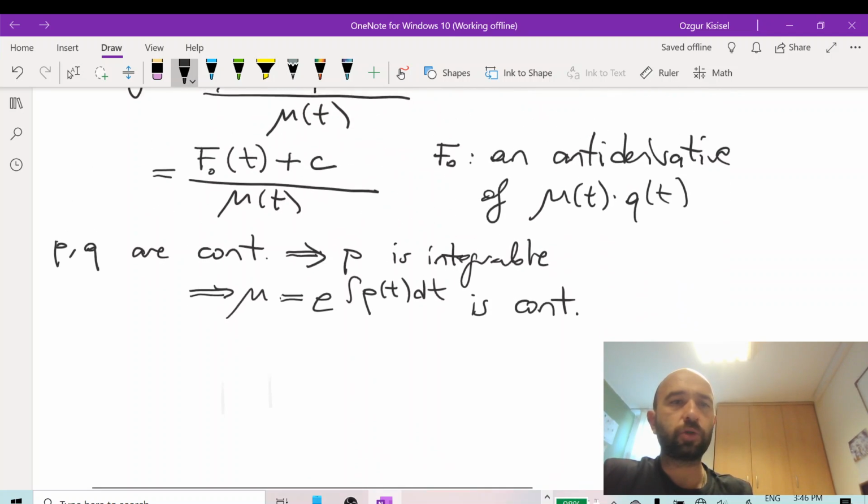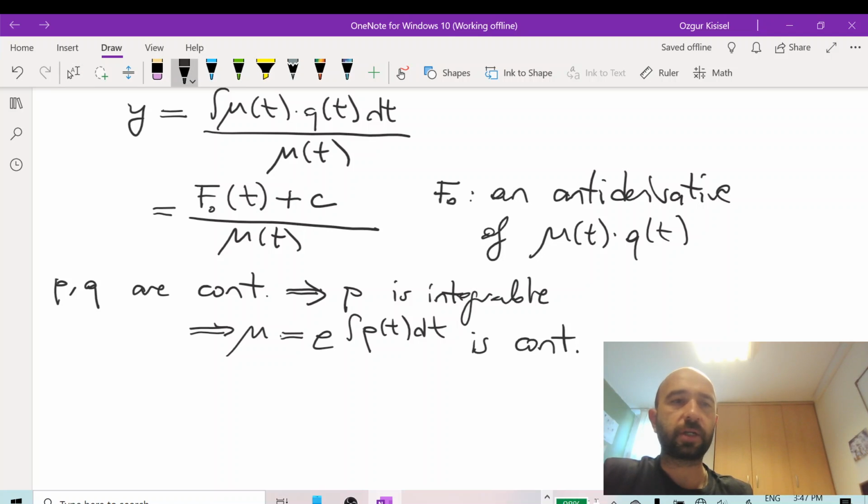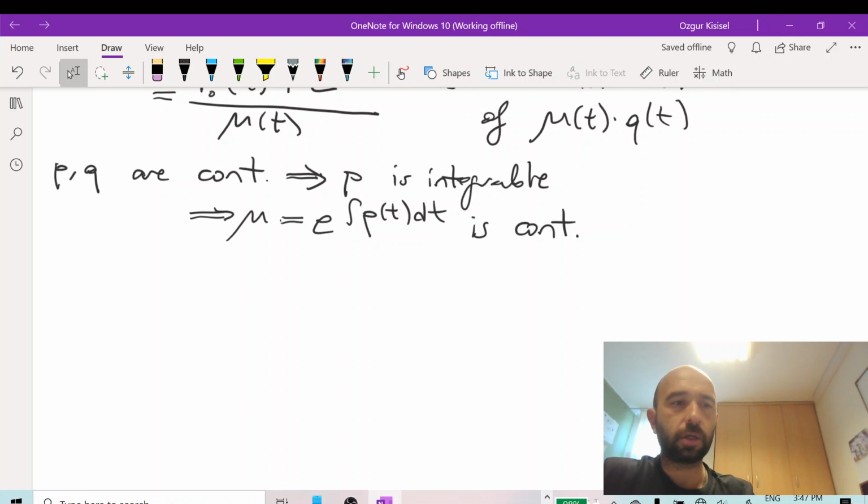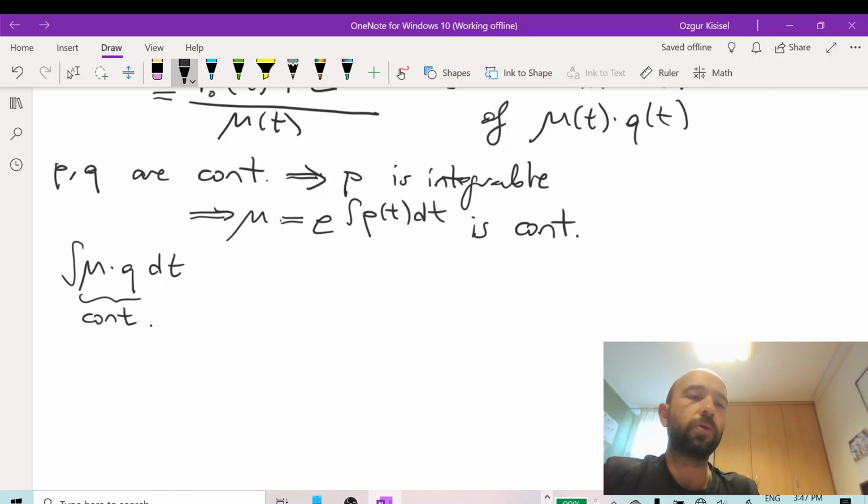Now, let's look at the other integral appearing. So integral mu times q dt. Mu is continuous. Q is continuous, so this product is continuous. So it is integrable. I mean, there are some functions which are not integrable, but fortunately, continuous functions don't fall into that bad class, right?